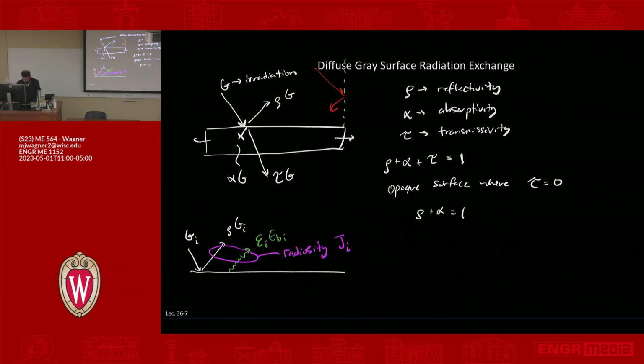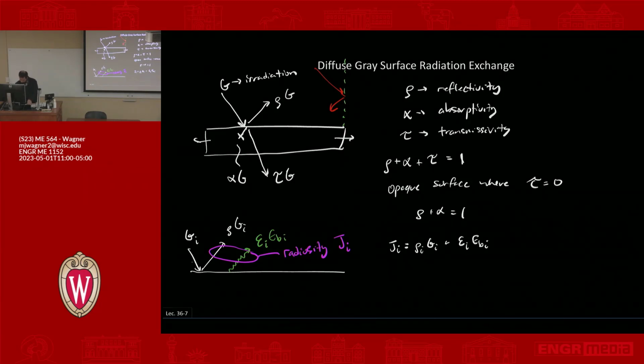So radiosity, we'll call Ji, is equal to the reflected light, rho I times Gi, the irradiance, plus emitted, emissivity times EBI.